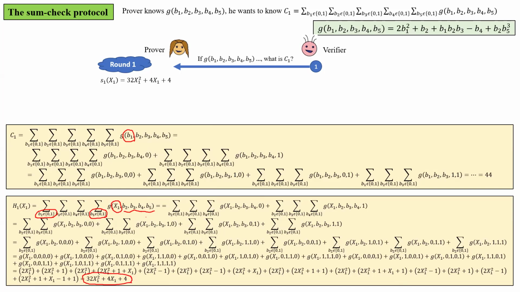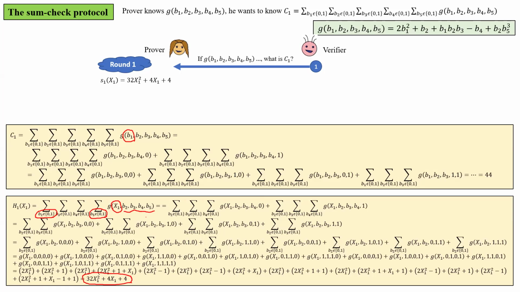Since we assume that the prover may cheat and not share the accurate function h1(x1), we use a different notation, s1(x1). So we expect that s1 should be equal to h1.